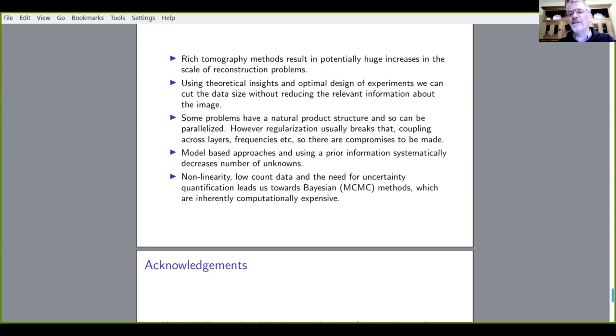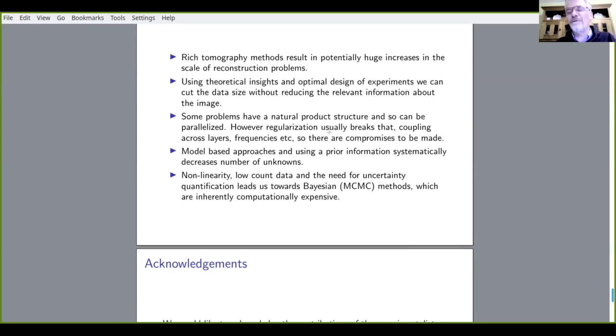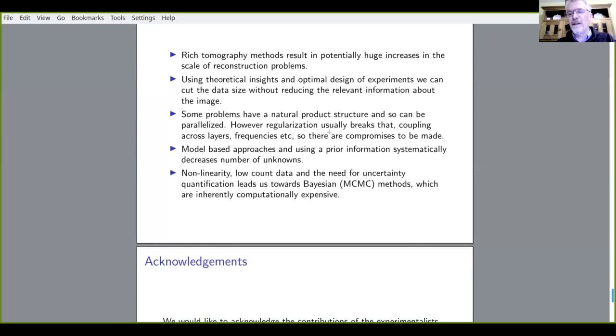There are lots of nice Bayesian methods that will work in high dimensional spaces, but I think we're increasingly going to see that as we conquer the computational challenges of being able to solve the forward problem efficiently and quickly, because any Bayesian type method will have a lot of forward problem evaluations.